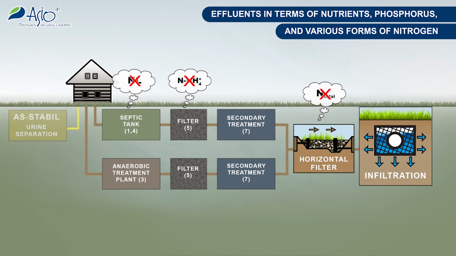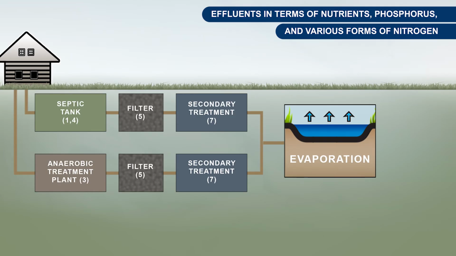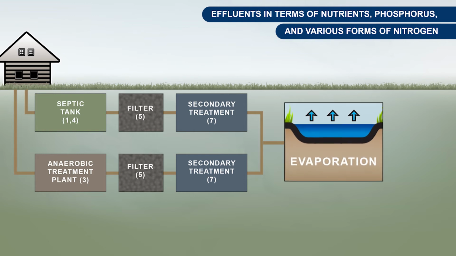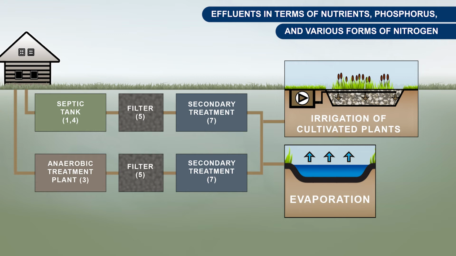The ammonia content in wastewater can also be reduced by measures taken in housing sanitary facilities, for example, by separation of urine. Another possibility of wastewater disposal is the so-called effluentless solution, such as a pond with vegetation or irrigation of cultivated plants. ASIO can offer a system suitable for wastewater irrigation purposes.